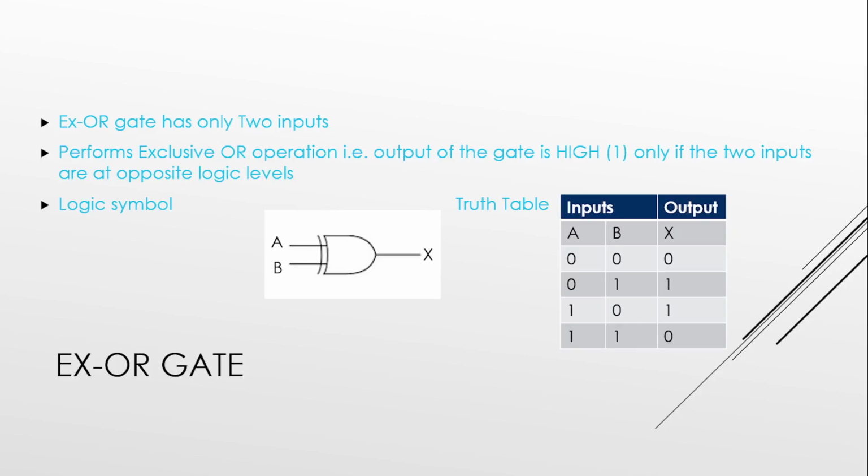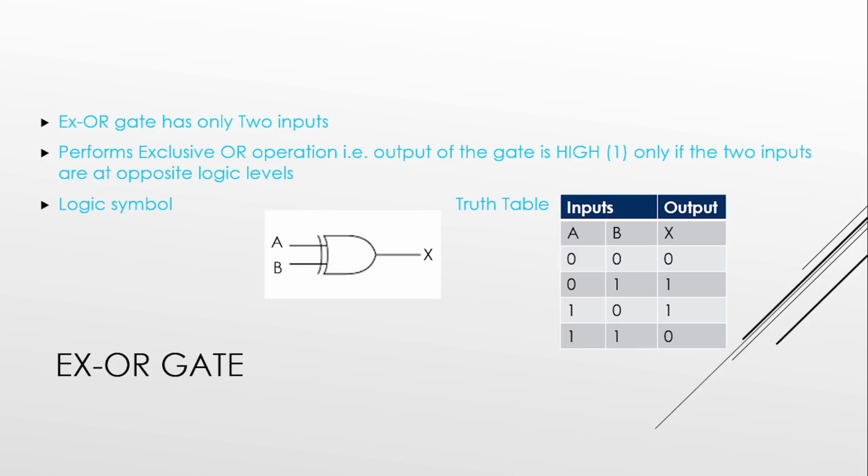Or if the first input is 1, then other is at its opposite level, that is 0. So when inputs are at opposite logic levels, the output is 1. So it is an important operation in digital electronics, and that is called exclusive OR operation, and that operation is performed by exclusive OR gate, simply known as XOR gate.